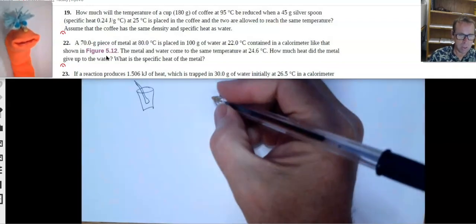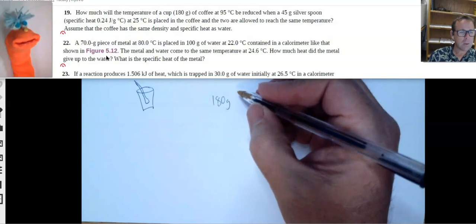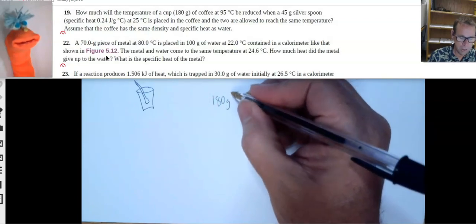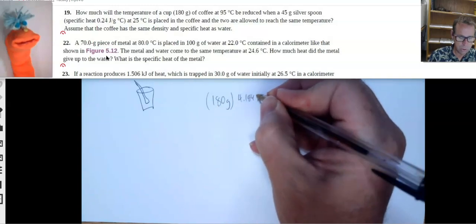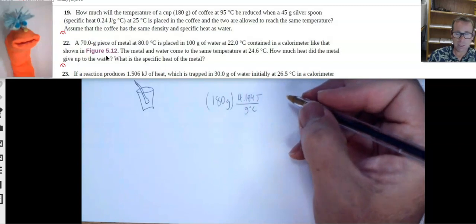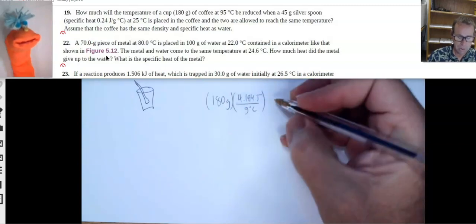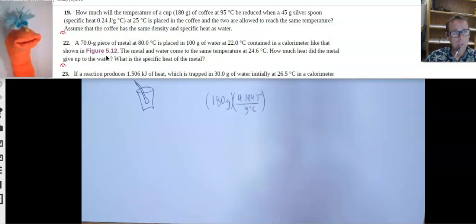So we have 180 grams of water, essentially. Coffee is going to give us the 4.184 joules for every gram degrees Celsius. They said assume the coffee has the same density and specific heat as water. And the change in temperature for the, let's see, it's at 95 degrees Celsius.